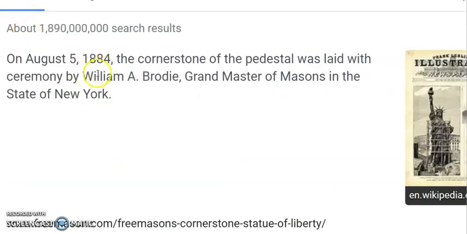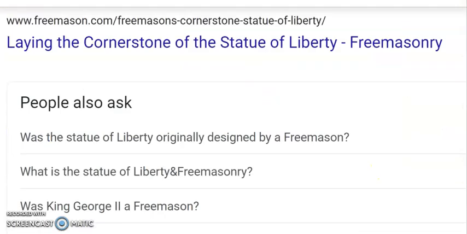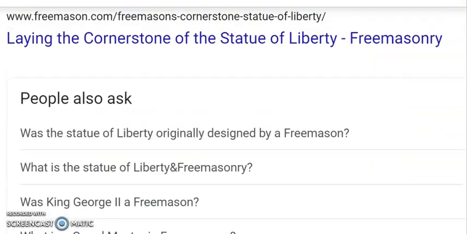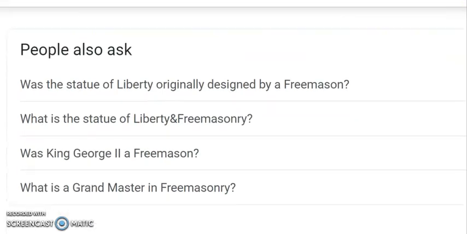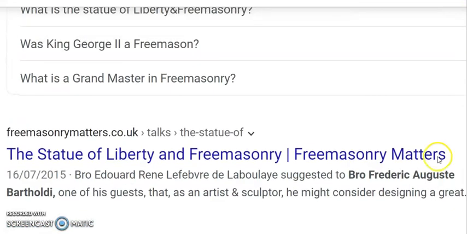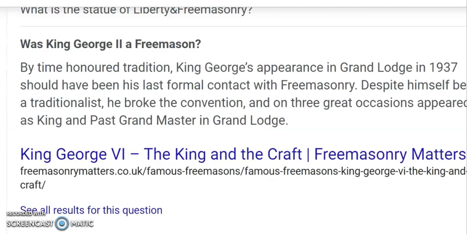On August the 5th, 1884, the cornerstone of the pedestal was laid with ceremony by William A. Brodie, the Grand Master of Masons in the state of New York. Or King George VI, one of the past Grand Masters, right?